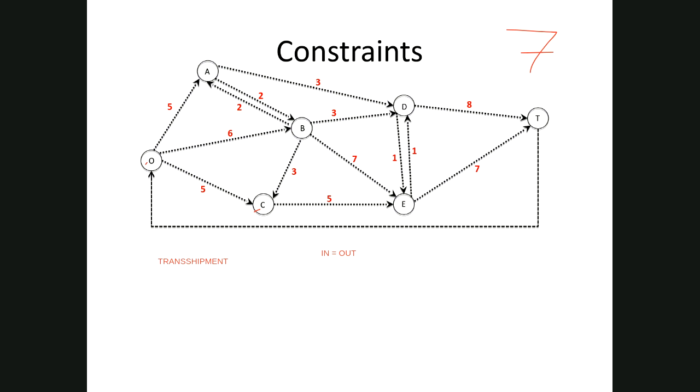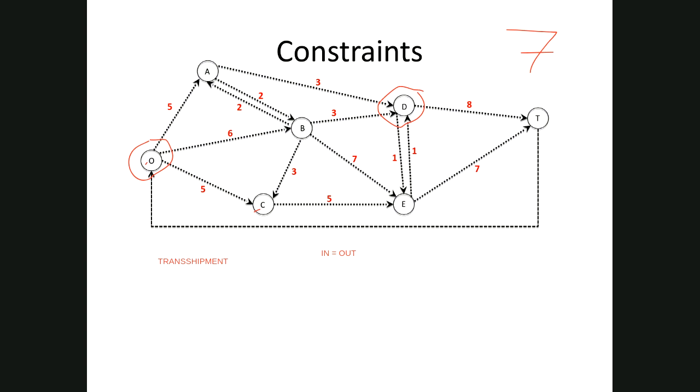So as before, I'm going to do a couple of these and then I'll leave them to you. Let's look at the origin, and then let's look at D. For the origin, what's going in? TO is the only thing going in, and what's going out is OA plus OB plus OC.